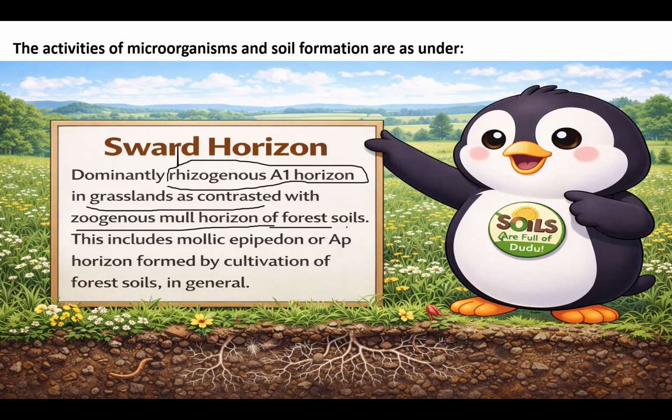Yes, it is quite opposite to the forest horizon. This includes the mollic epipedon or Ap horizon. The Ap horizon is your plow layer formed from the cultivation of forest soils in general. So what are mollic epipedons? There are different types of epipedons and endopedons that we will discuss in our soil taxonomy classes. Thank you.